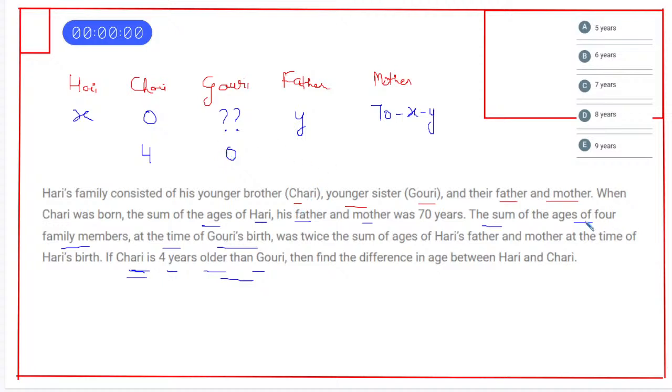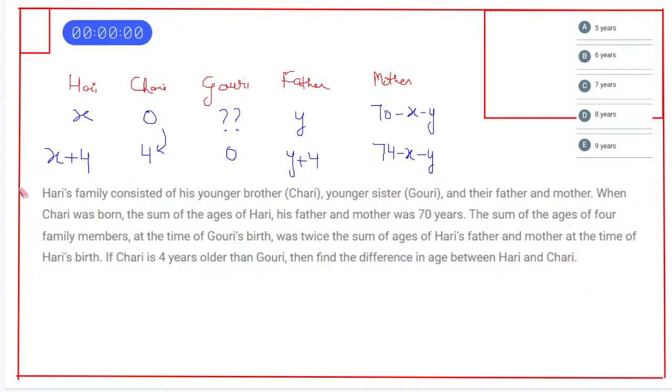Now the sum of ages of 4 members at the time of Gauri's birth was twice the sum. So there is an increment of 4. Hari is increased by 4, father is increased by 4, and mother is also increased by 4. At this time, what is the sum of ages of all 4 members?